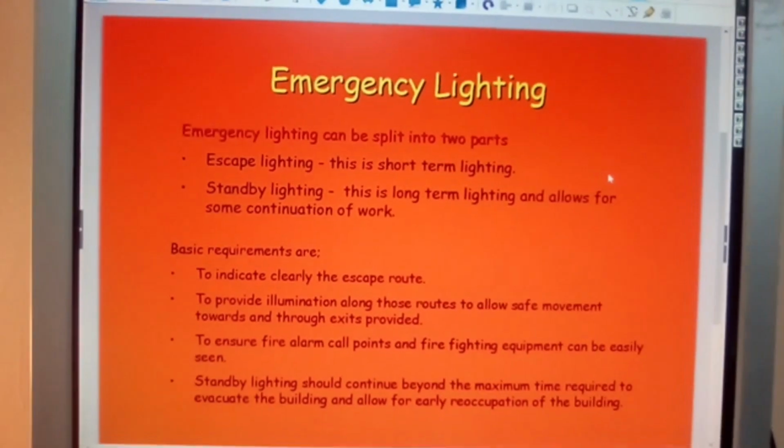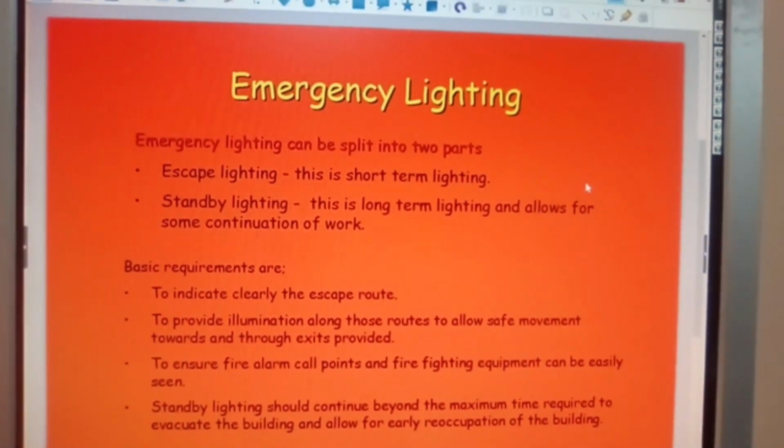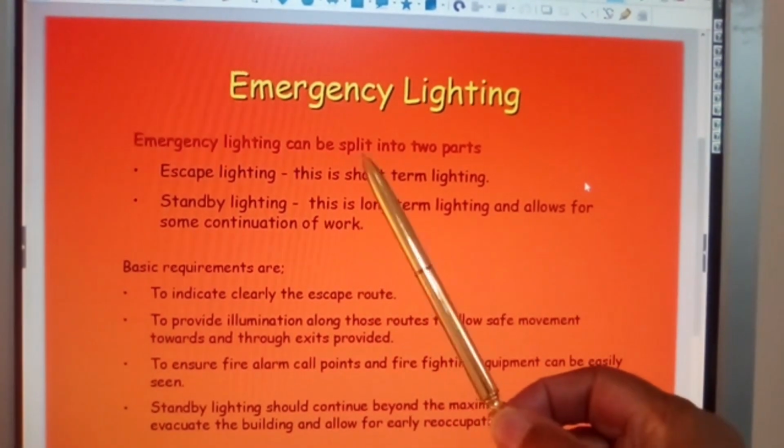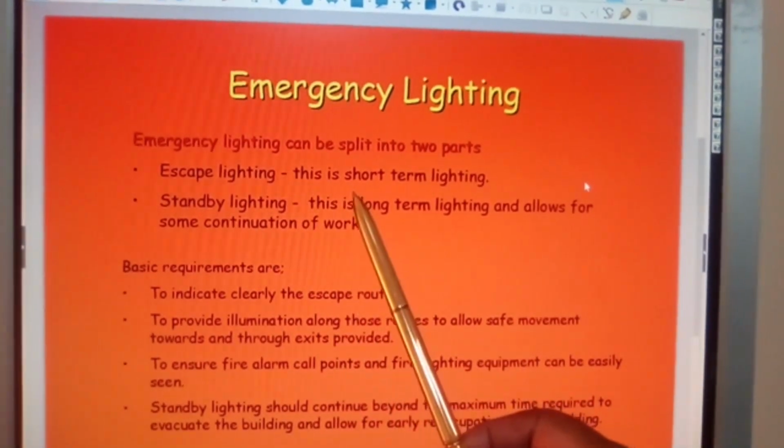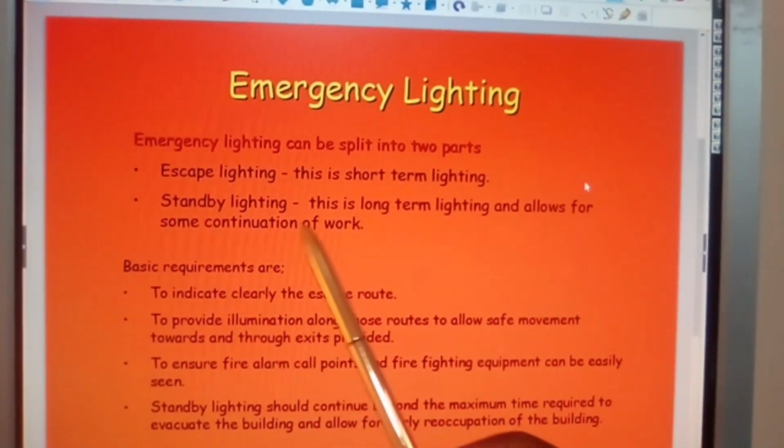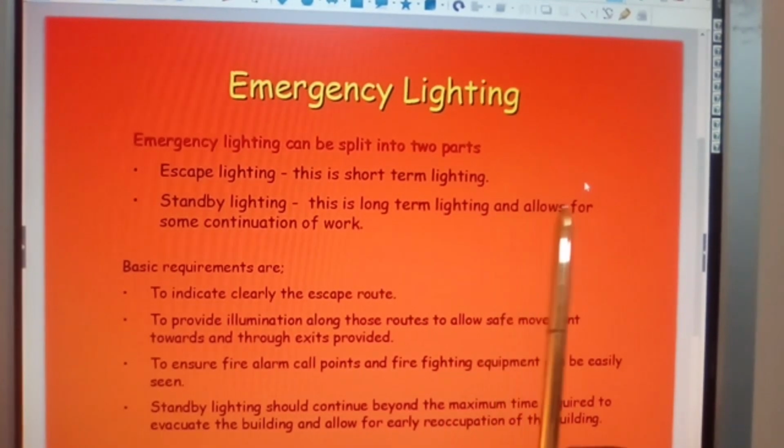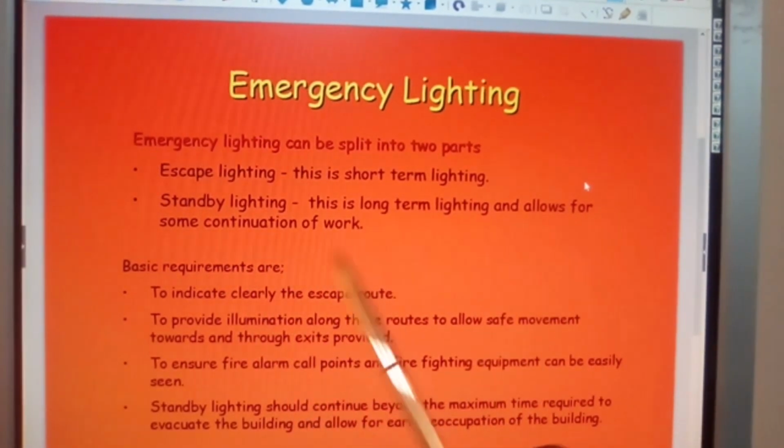Now again, emergency lighting can be split into two parts. Escape lighting, this is short-term lighting. Standby lighting, this is long-term lighting and allows for some continuation of work.